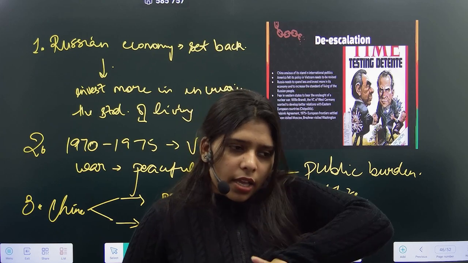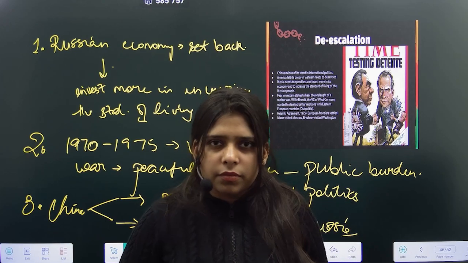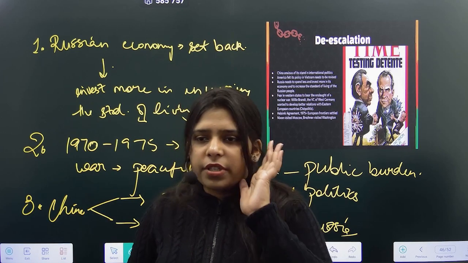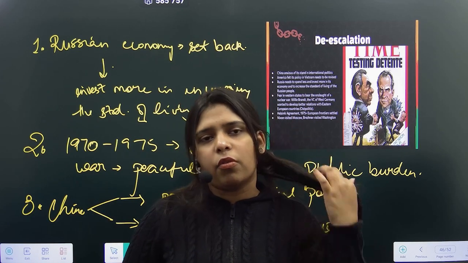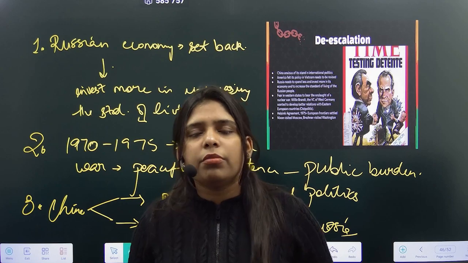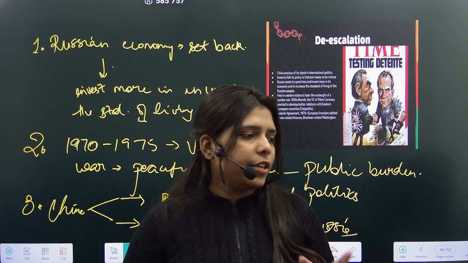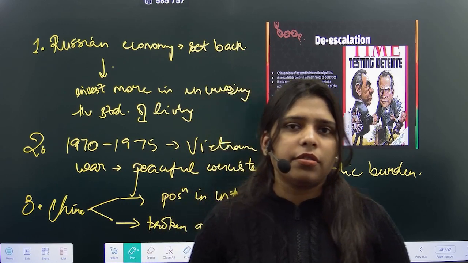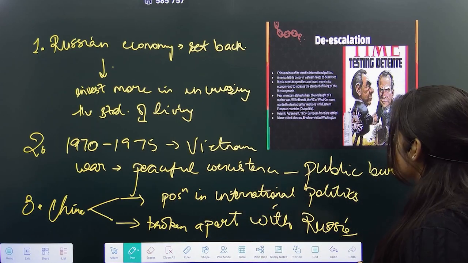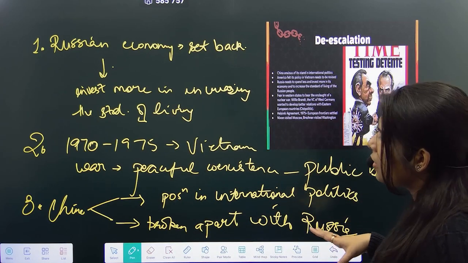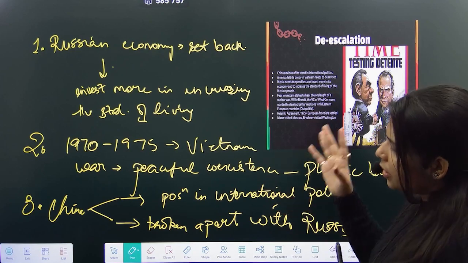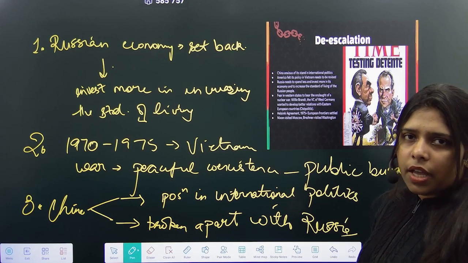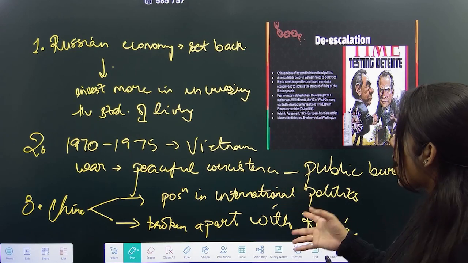So China separated itself from Russia. China said we have our own version of communism, and Russia had its own type of communism. That was the situation going on. These were the three major parts, and they had their own reasons to back off.